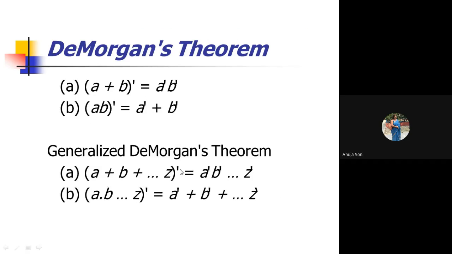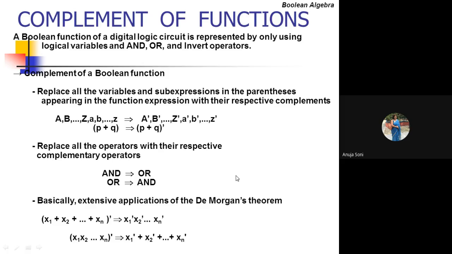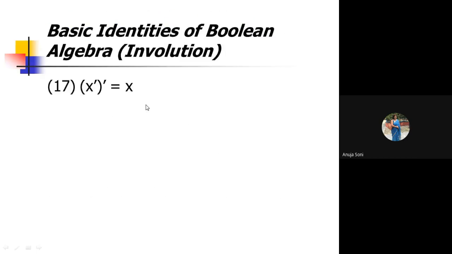In A part, we have taken the complement of the entire expression. In B also, we have taken the complement of the entire expression, and ultimately it is equivalent to this expression by De Morgan's law. The same thing is repeated here, nothing else. Again, we are talking about De Morgan's law only in this slide as well. AND will be replaced by OR, OR will be replaced by AND, and individually the complement will come up to each and every variable. That's it.